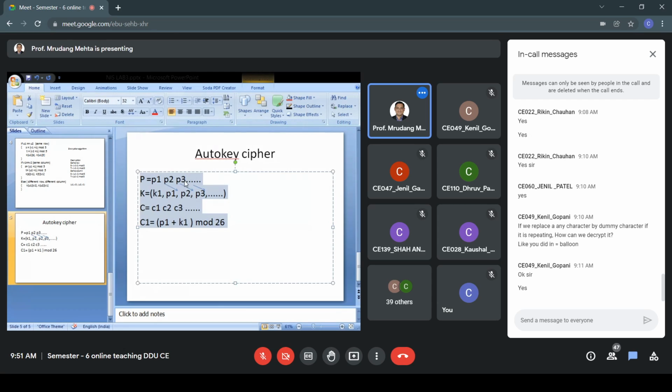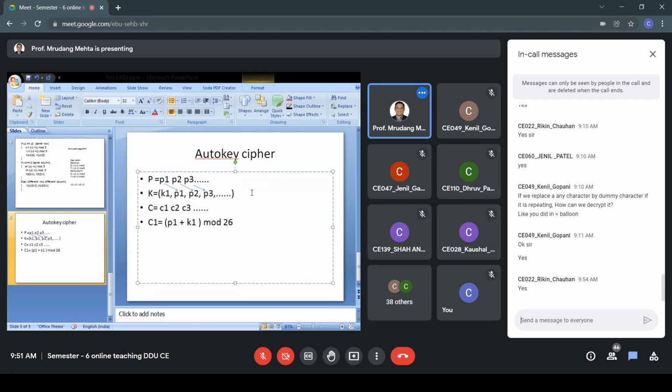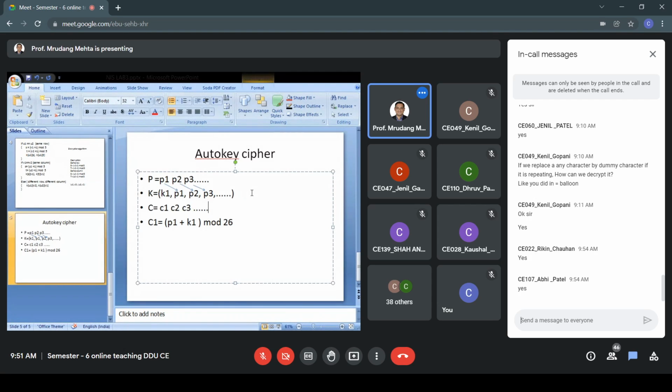Now, this is similar to the additive cipher. Do you remember the formula of the additive cipher? P plus K mod 26. That was the additive cipher. But the additive cipher is monoalphabetic. Now we want polyalphabetic, right?